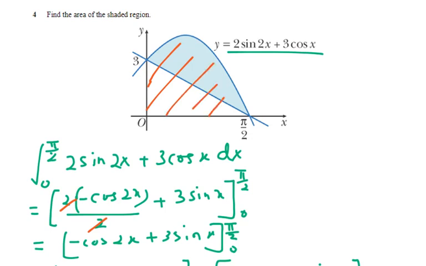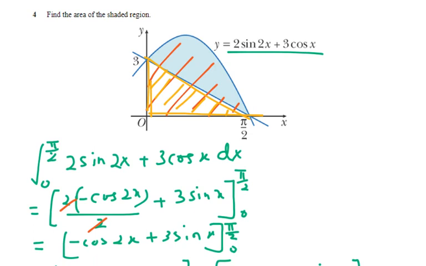But what we intended is only the area bounded by the line and the curve. Hence, we must get rid of the area of the triangle. Finding the area of the triangle is as simple as using 1 over 2 times base times height.